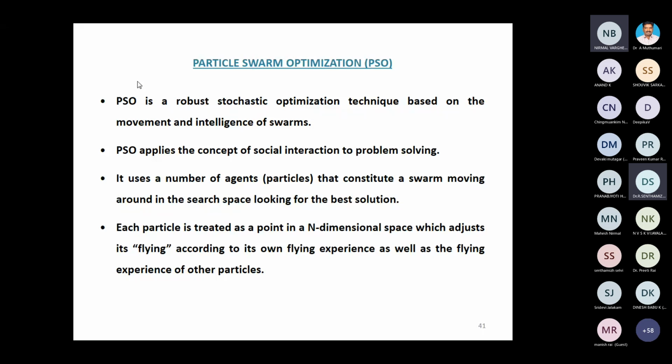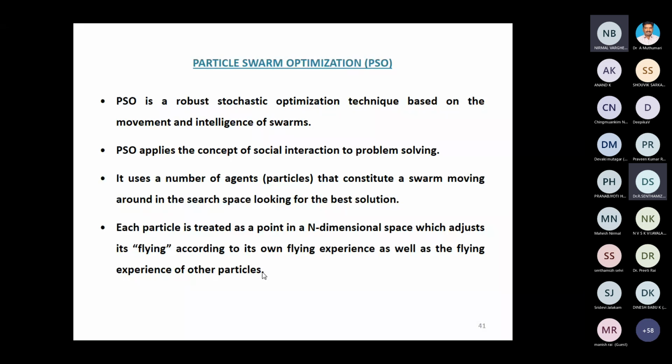Each particle is treated as a point in an n-dimensional space which adjusts its flying according to its own flying experience as well as the flying experience of other particles. It's not only on its own decision. The decision must be supported by all the other flying flocks. That is what is called a global decision. Otherwise, it's not a PSO concept and will not be an effective optimization technique.